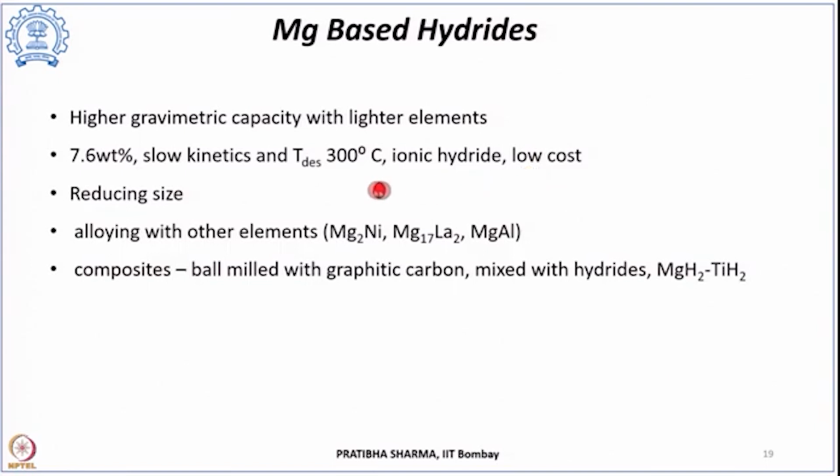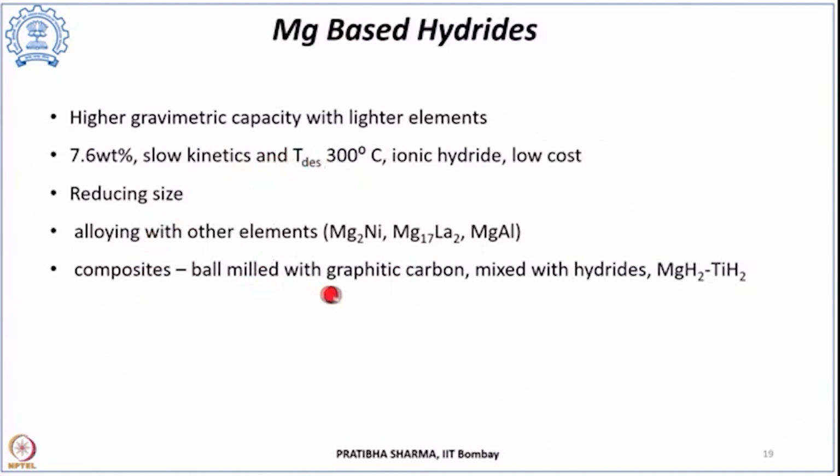So, what we need to address is the sluggish kinetics and at the same time the high desorption temperature, and several measures can be taken to reduce the desorption temperature and improve the kinetics of charging and discharging. What has been reported in literature is that by reducing the particle size, by alloying with other elements like forming Mg2Ni, Mg17La2, MgAl, or by forming composites, we can address these challenges to a certain extent.